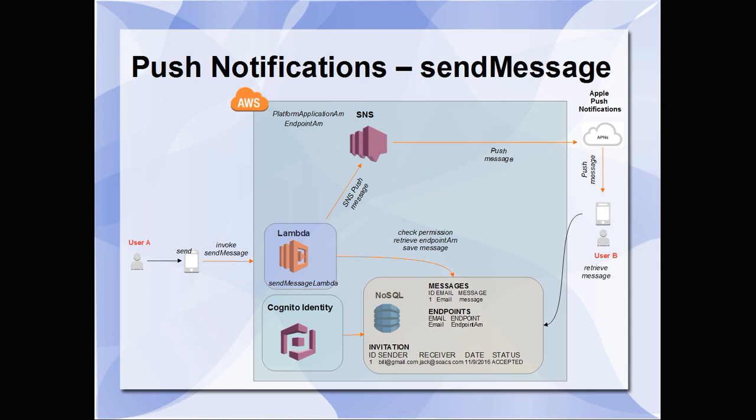Now, keep in mind, we are managing the endpoint ARNs. It's extremely important. You can implement a way to get them out of SNS, but it will be very inefficient, and you should not do it.